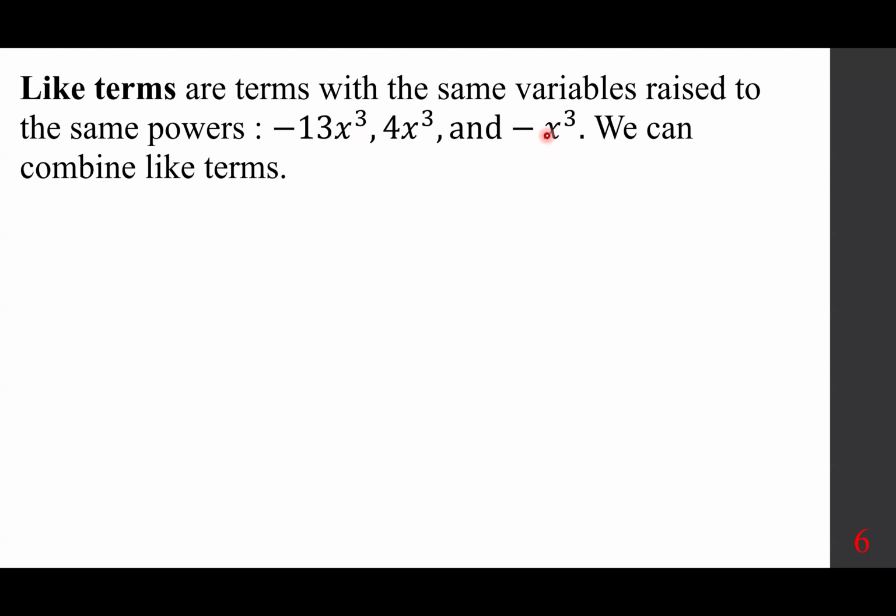Negative x cubed, they are considered like terms because this part, that means the variable and the exponent must be identical. In this case, the coefficient is negative 13. In this case, the coefficient is 4. In this case, the coefficient is negative 1.